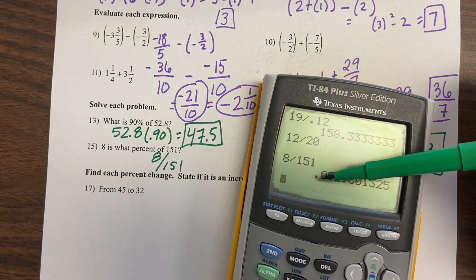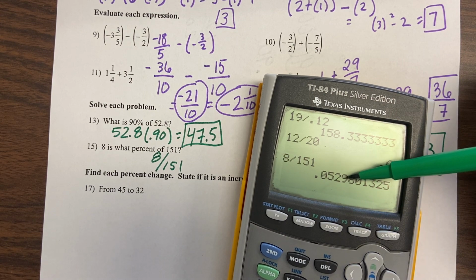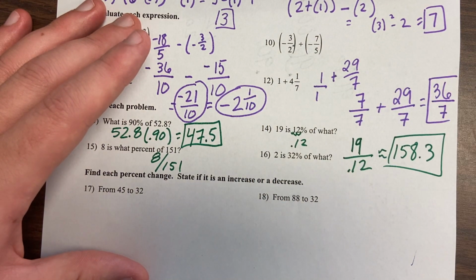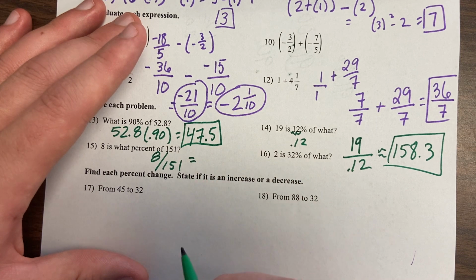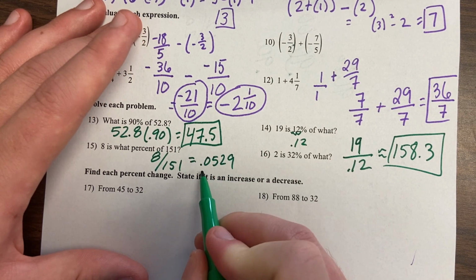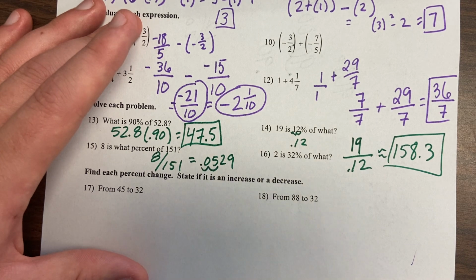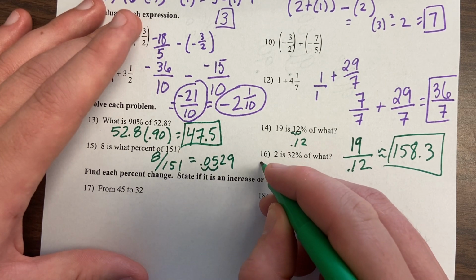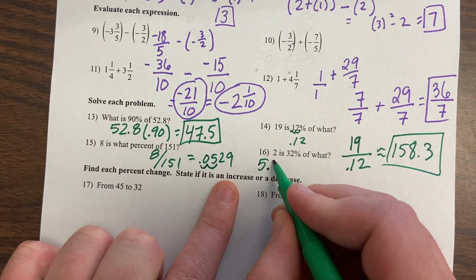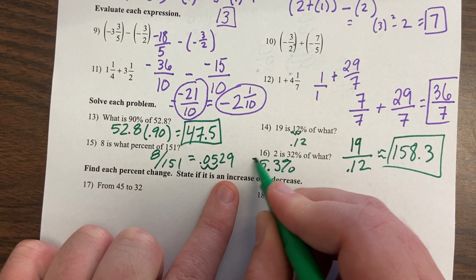Again, we're going to move 2 spots to the right, and we have 5.29. Well, that 9 is going to bump that 2 up to a 3. So I can go ahead and write that down then. 0.0529, if I slide 2 spots to the right to turn it into a percentage, this is going to be 5.3.